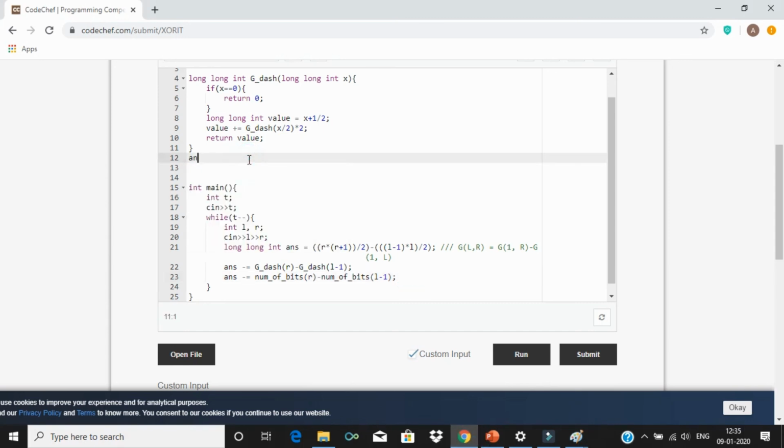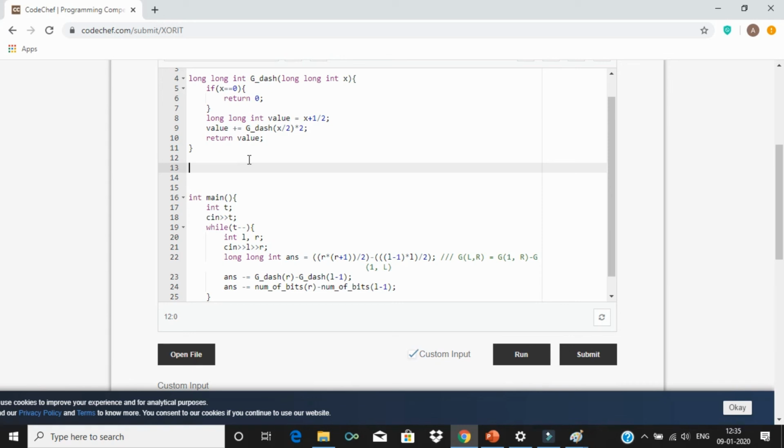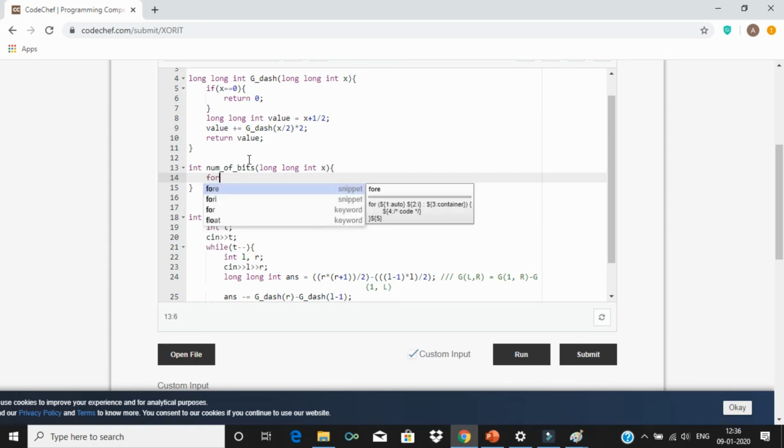And let me write the function for this as well. Integer number of bits, and let's take a long parameter x here.